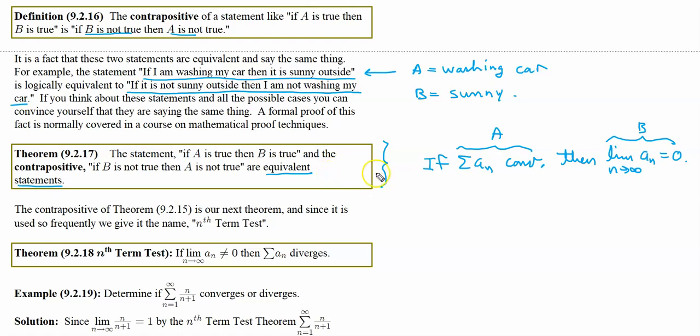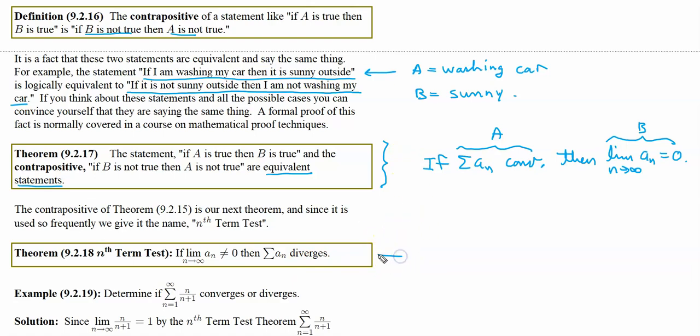So therefore, from our previous theorem, we have what is called the nth term test, and it makes this statement. If the limit as n goes to infinity of an does not equal 0, then the series involving the an's diverges. So that's the nth term test. It's merely the contrapositive of the previous theorem that we looked at.